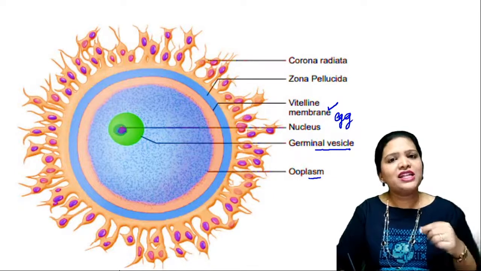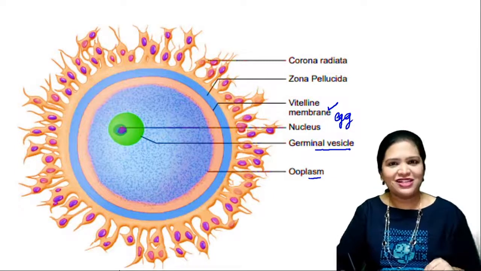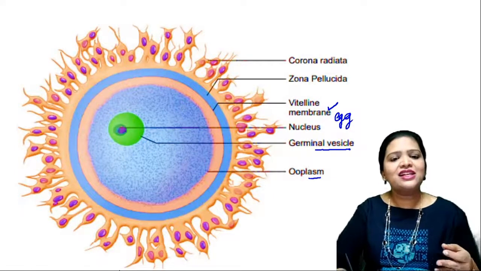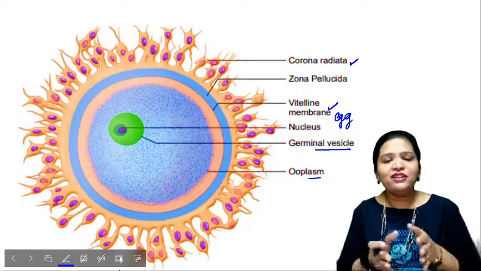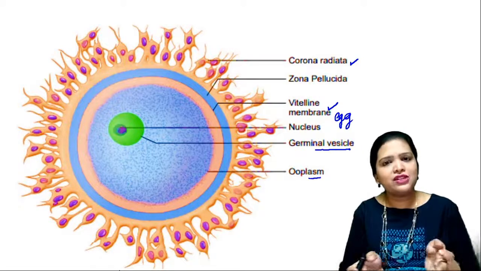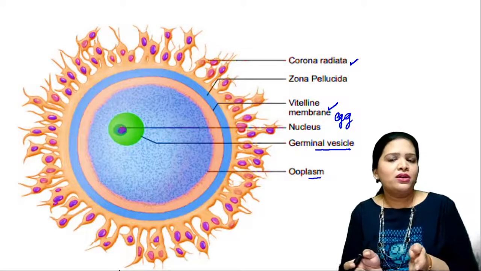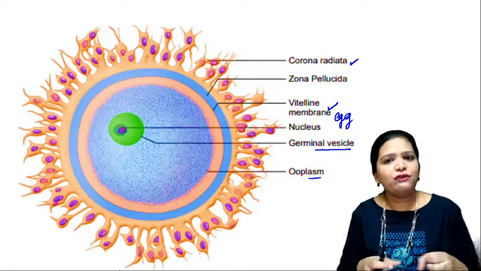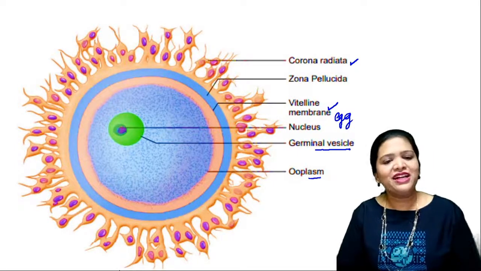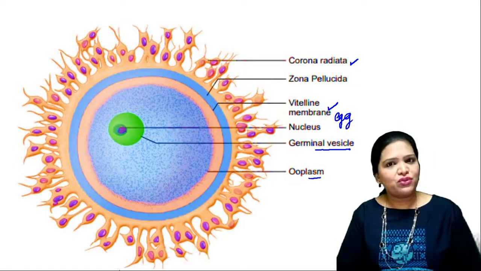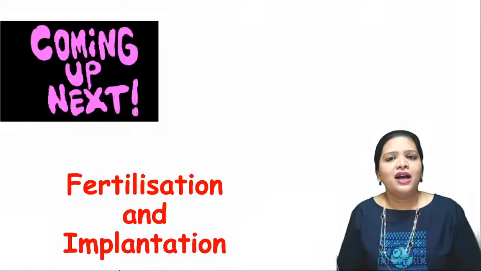This covering is produced by the follicular cells. And the third external covering is the corona radiata. This is made by the follicular cells. The follicular cells stick together by hyaluronic acid, and they form an external covering called corona radiata. Clear? This is the very easy structure of a human egg cell.